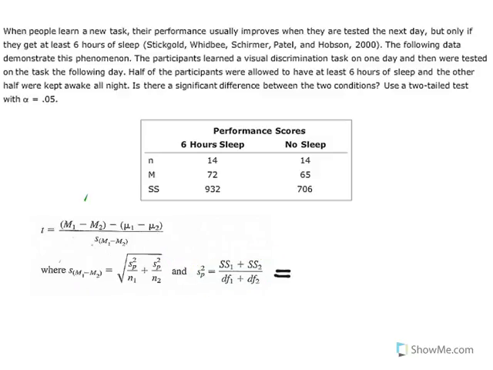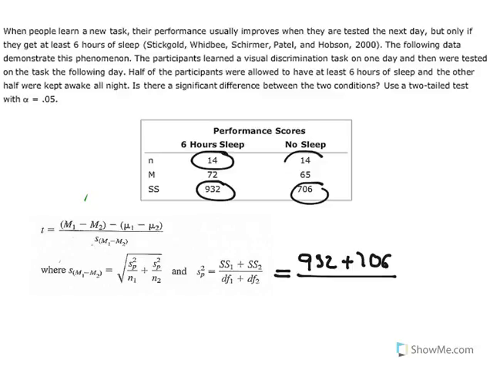So let's start here with 932 plus 706, so that's the sum of squares for each, over degrees of freedom 1 plus degrees of freedom 2, so it's just 14 minus 1 and 14 minus 1, that is 63.